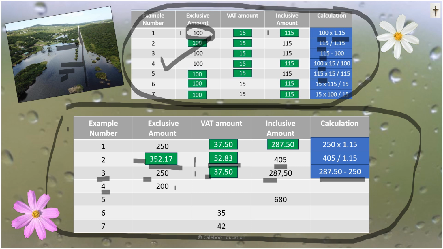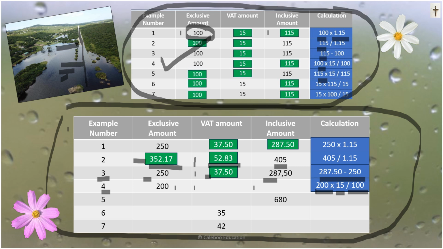I've been given the exclusive amount of 200, and I need to calculate the VAT amount and the inclusive amount. So let's start with the VAT amount. VAT is 15%, which is 15 out of 100. 200 times 15%. You can type on your calculator 200 times 15 and push the percentage sign.